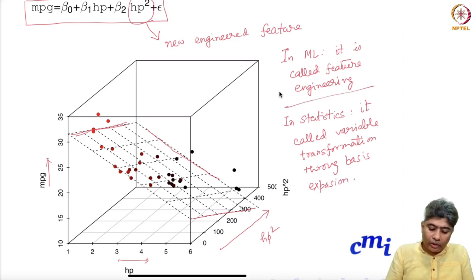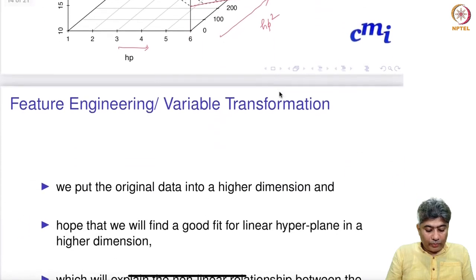We will talk about both. But essentially we are creating a new variable, and that's why it is called variable transformation or feature engineering.